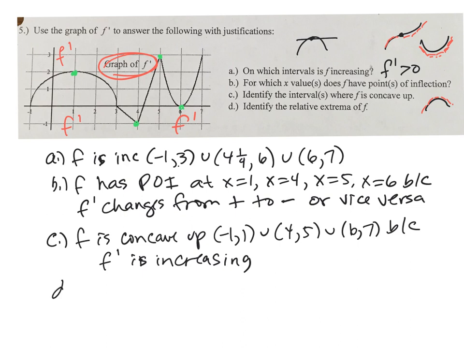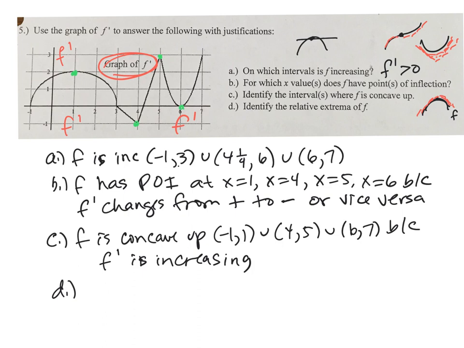All right, and then finally letter D says, identify the relative extrema of f. So we have relative extrema of f wherever we have those tangent lines that change either from positive to negative or negative to positive. Like if this were f that we're looking at, here we have those tangent lines that are positive and then they change to negative, or here negative and then they change to positive.